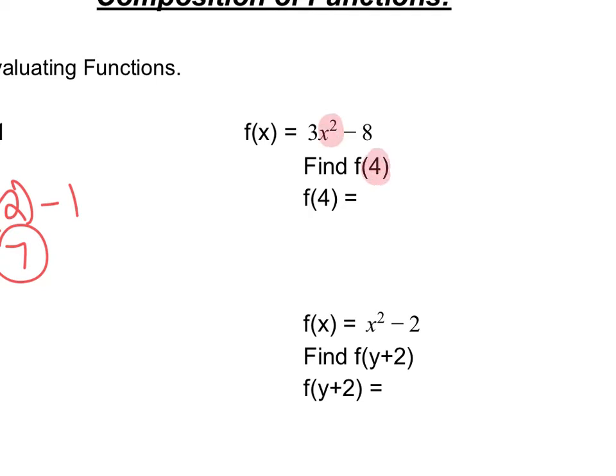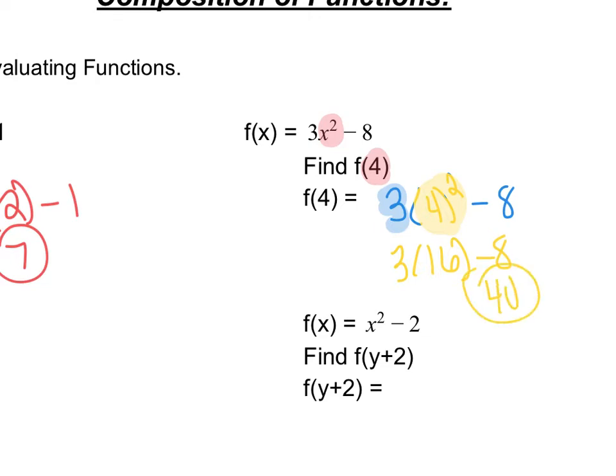So when I evaluate it, I would have 3 times 4 squared minus 8. Remember, order of operations tells us that we need to do exponents first. So I need to evaluate 4 squared, which is 16. So I'd have 3 times 16 minus 8. 48 minus 8 is 40.